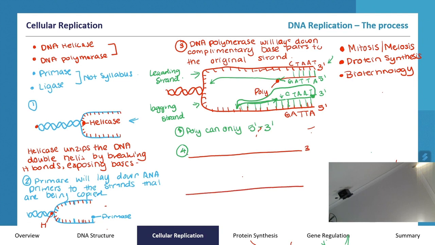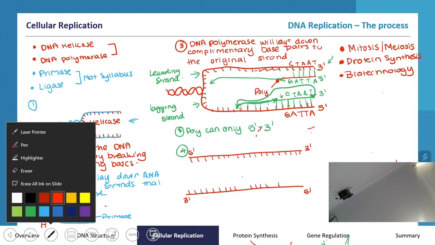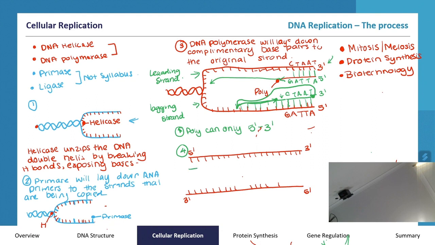So again, we've got 3 prime, 5 prime, 5 prime, 3 prime, and all the base pairs. Mixed with 2 completely copied or new strands fixed by DNA polymerase.